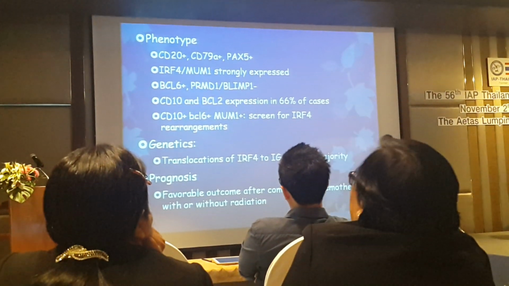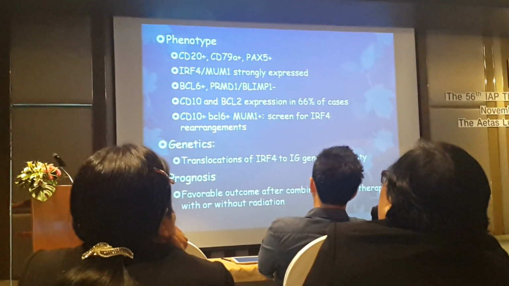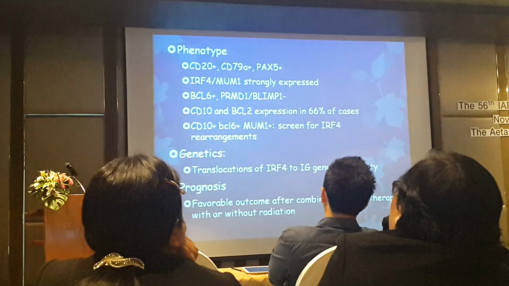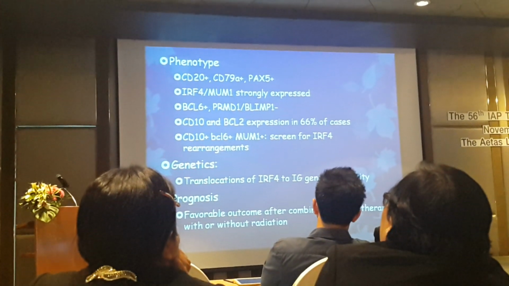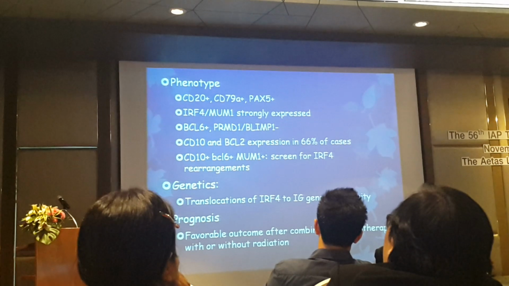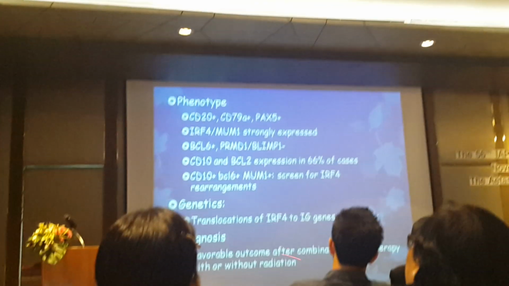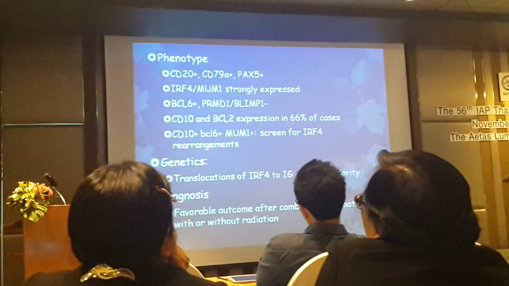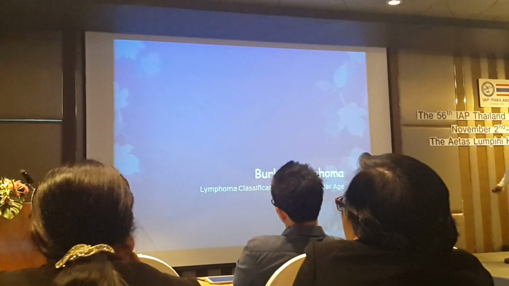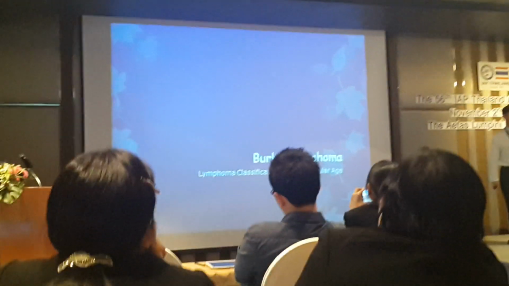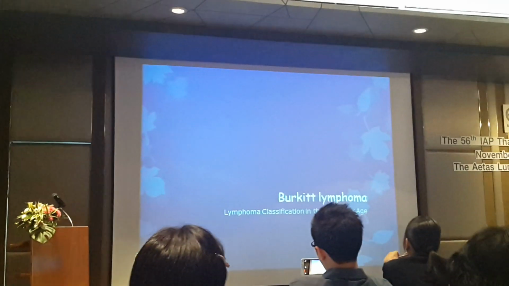In terms of prognosis, this is very good prognosis like pediatric follicular lymphoma. But it is important to make a distinction because pediatric follicular lymphoma will not require chemotherapy, whereas this will require systemic chemotherapy, although the prognosis is good after that. So this is a new entity that's beginning to be recognized, which will require FISH for this recognition.